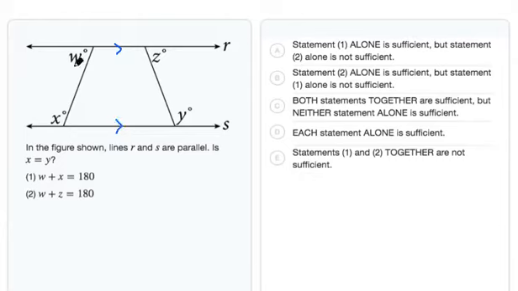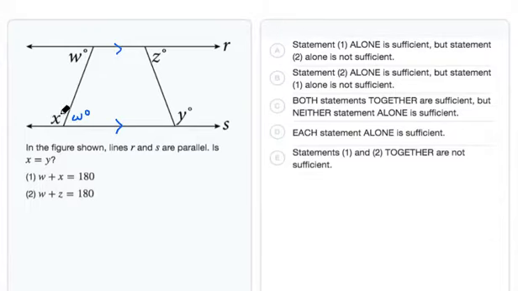If they're parallel, we can then conclude that we have these interior angles of this polygon or quadrilateral. So let's go ahead and label those. If we think about two parallel lines, we have alternate interior angles, meaning that if this angle right here is W, it follows that this angle down here is W. So we can fill in these interior angles with our alternate interior angles because these lines are parallel, and we might need that later.